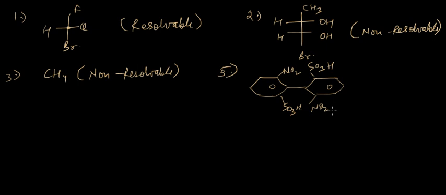So this is the stereochemistry of biphenyl. This would be at a 90-degree ring, so it would be resolvable because it will show optical activity. There is a stereogenic axis, which is this one.